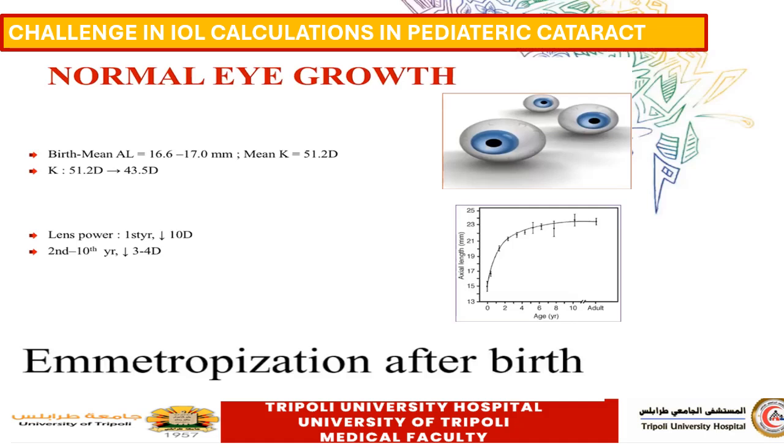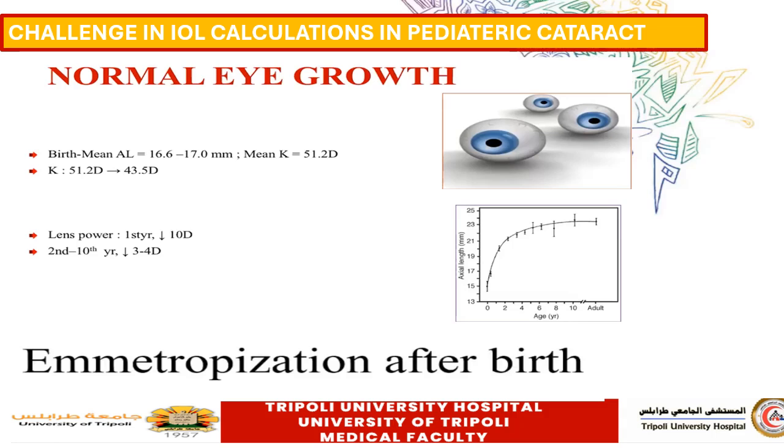So this principle should be understood: we shouldn't keep a child aphakic if we can, and it is better to manage him even after surgery, either with glasses or contact lenses, and don't forget the management of amblyopia after surgery.